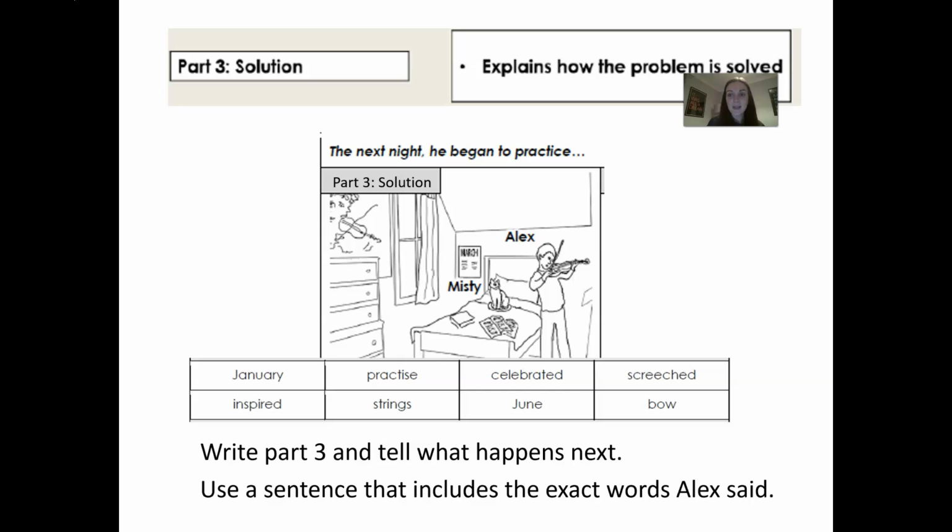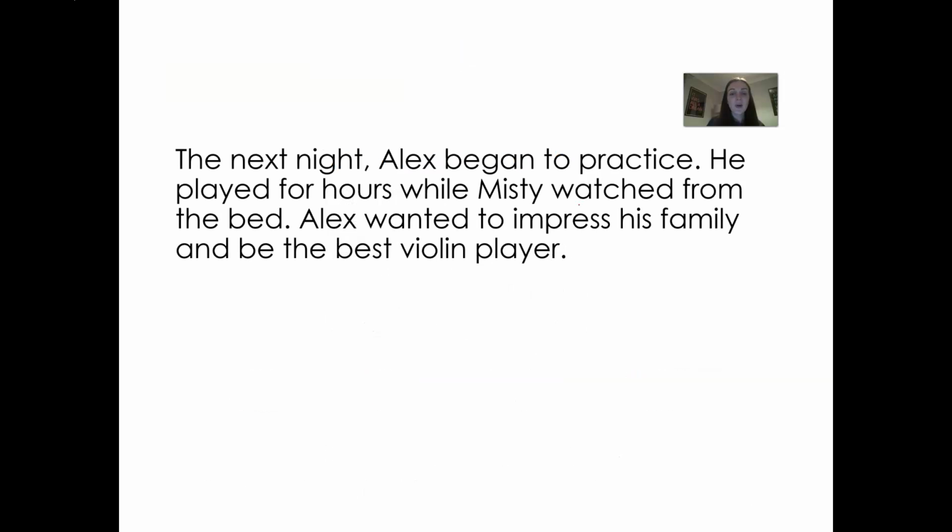Okay, let's compare to mine. So I wrote this. The next night, comma, Alex began to practice. He played for hours while Misty watched from the bed. Alex wanted to impress his family and be the best violin player. Okay.